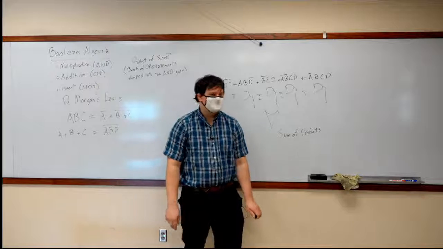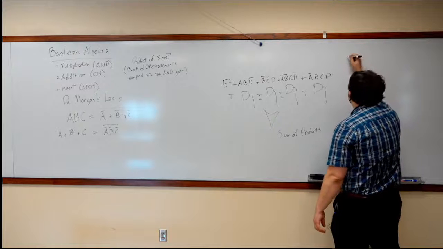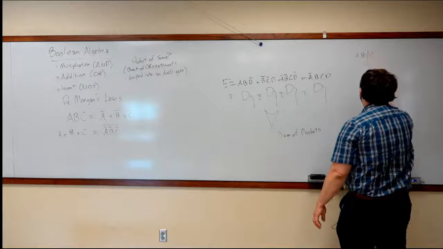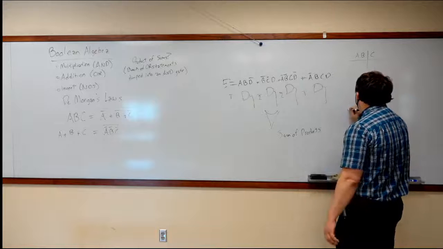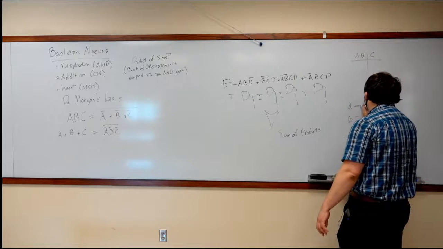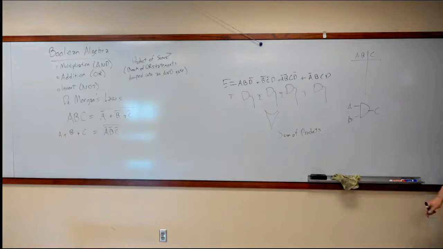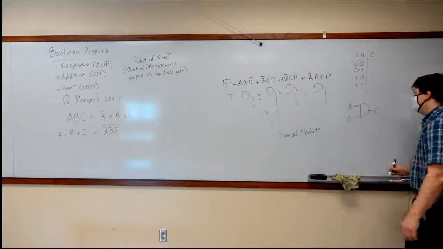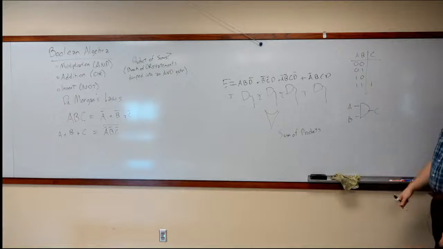Okay? So if you look at it, let's look at the truth tables real quick. Let's say I just have two variables here, A and B, and both go into an AND gate and produce C. The truth table is 0, 0, 0, 1, 1, 0, 1, 1. The output C is only 1 if A and B are true.